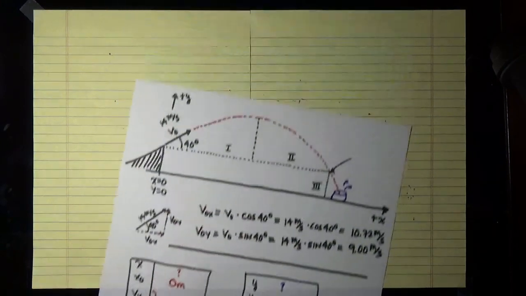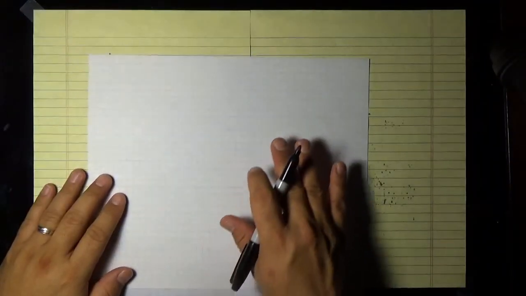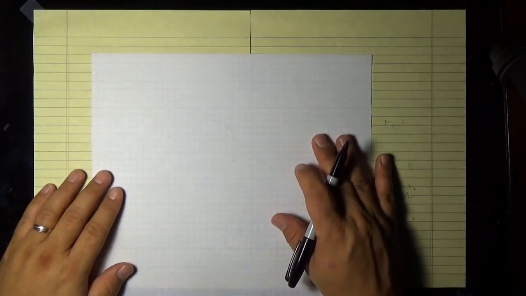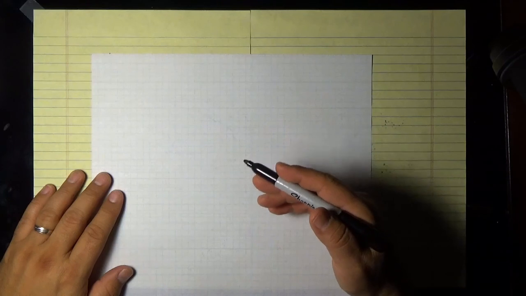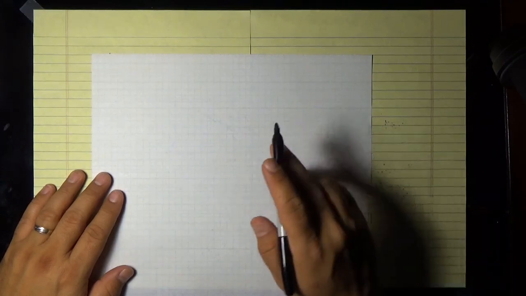So let's go to a new piece of paper here. Now, ultimately, one of the things that I'm asked to find is the total x distance traveled. So if I'm doing this in phases, I need to find the x distance traveled in each of the phases.